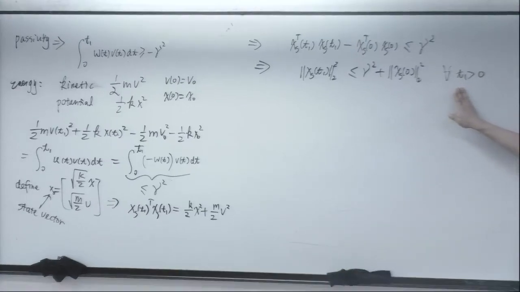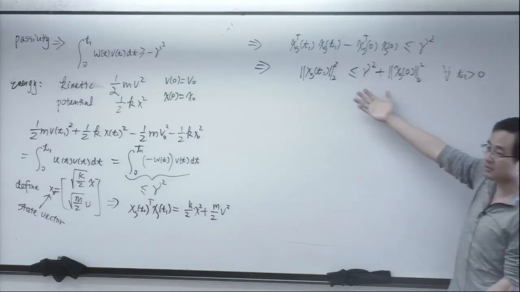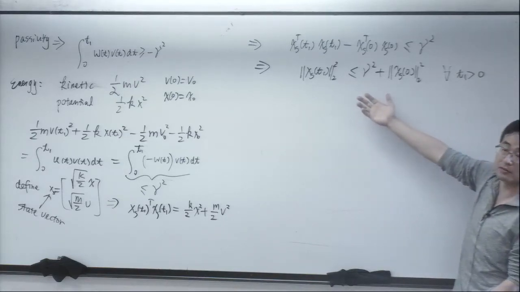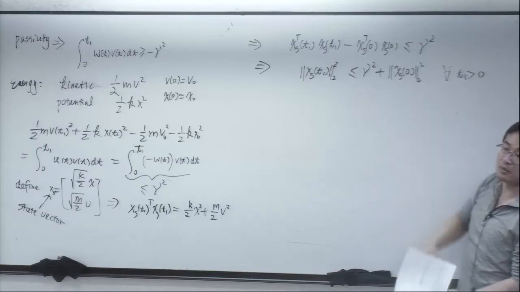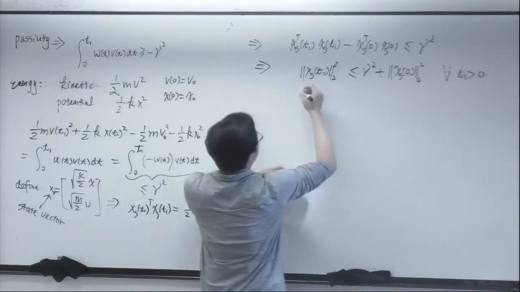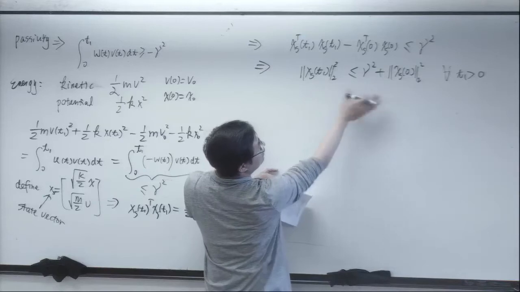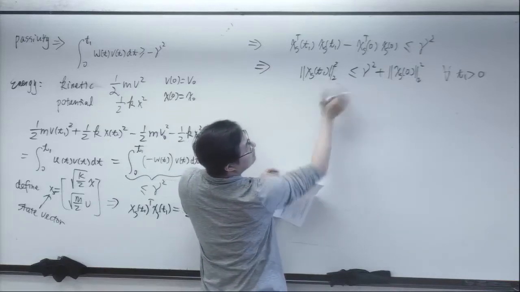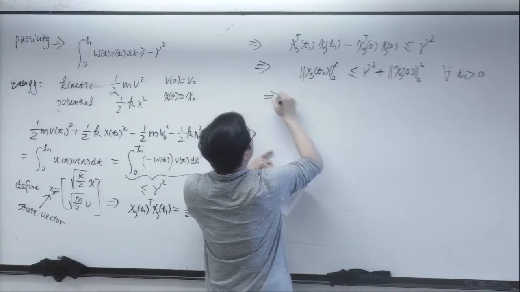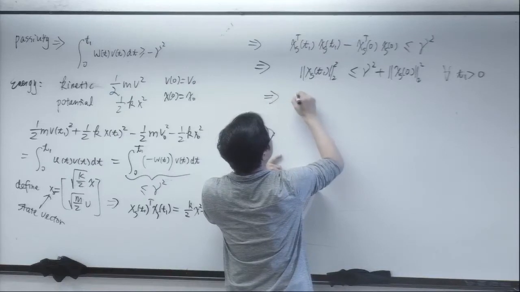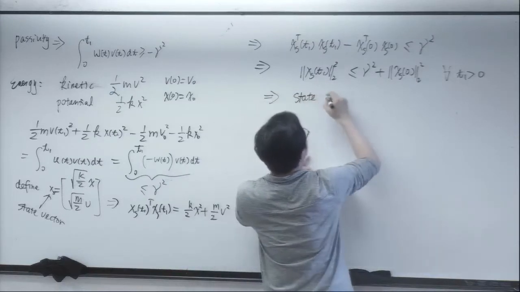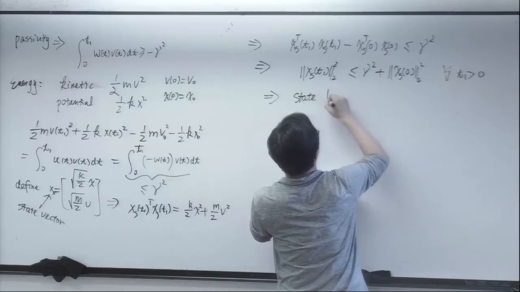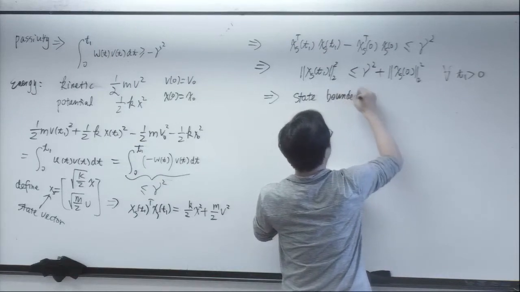So if you recall our stability definitions, right, this is essentially something in the sense of Lyapunov, stable in the sense of Lyapunov. And in our context, we use hyperstability to define this. This is the definition of hyperstability. So the state is always bounded, right?